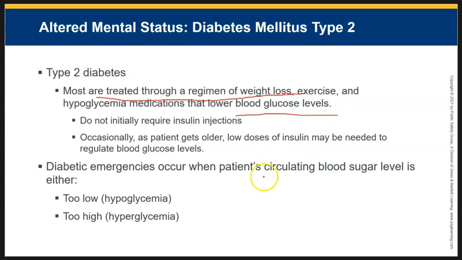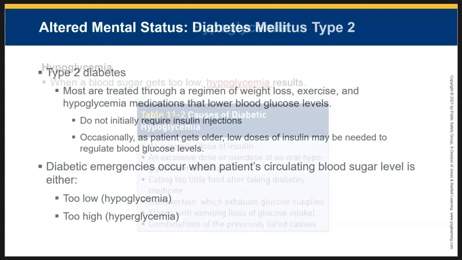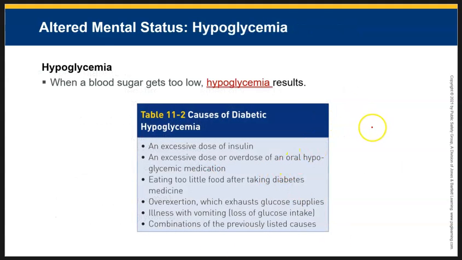So in either type, what can happen is a diabetic emergency of either too little glucose in the bloodstream or too much glucose in the bloodstream: hypoglycemia and hyperglycemia. In the case of hypoglycemia, we have too little blood sugar, and what may cause that is an excessive dose of insulin or other hypoglycemic medications, or perhaps not taking in enough food followed by exercise, which in the ski patrol world could be a likely cause.